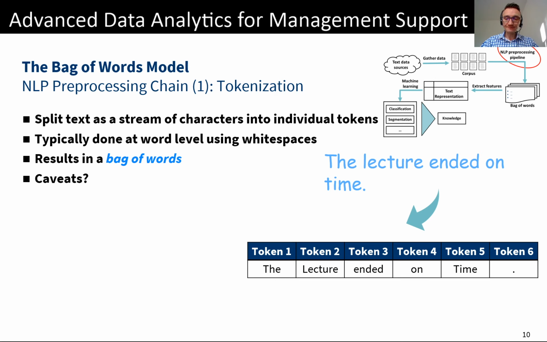And if we do that, we obtain this bag of words that is shown here in the example. Considering the sentence, the lecture ended on time. We split it up at the white spaces and then have 6 tokens altogether. Token 1, the, token 2, lecture, and so forth.